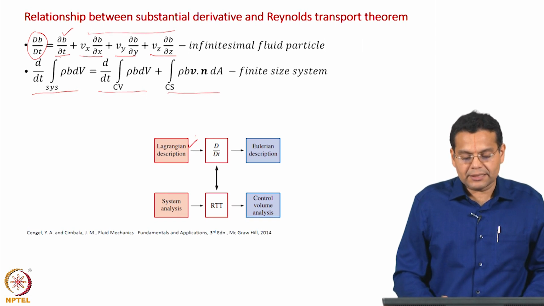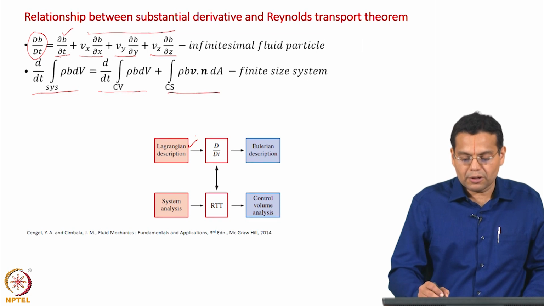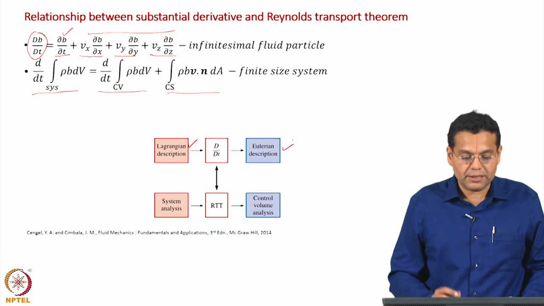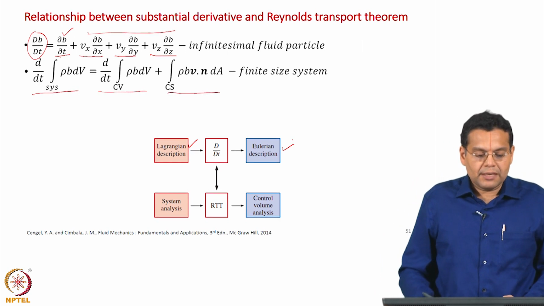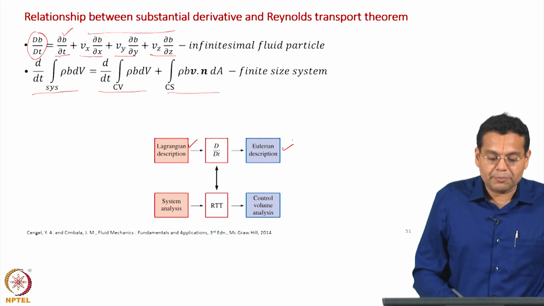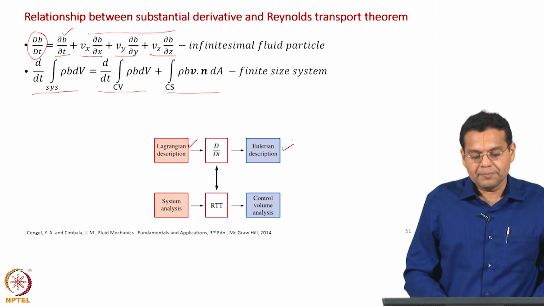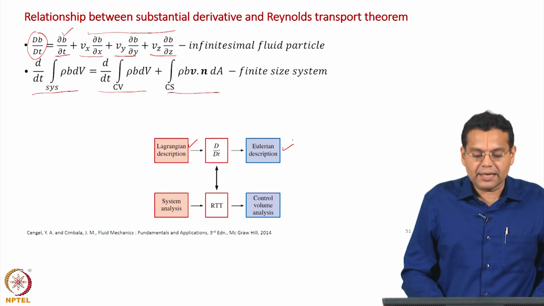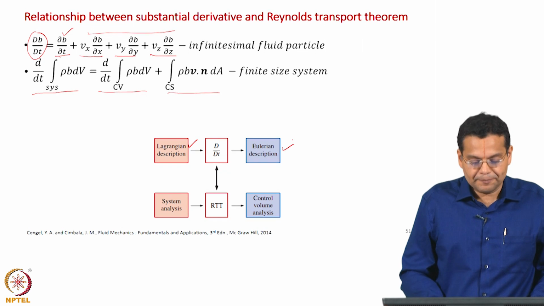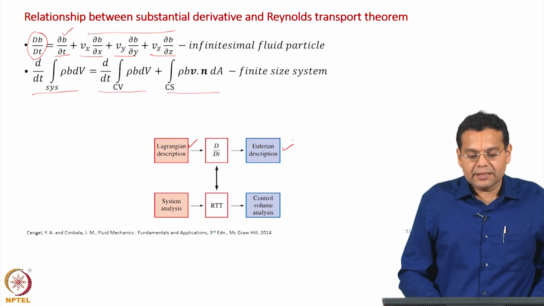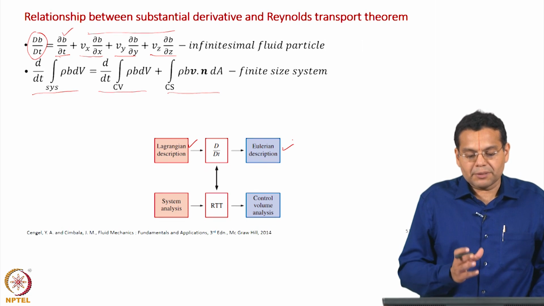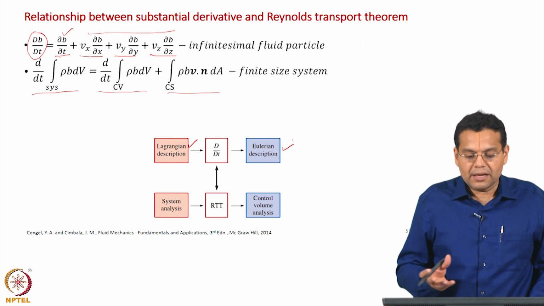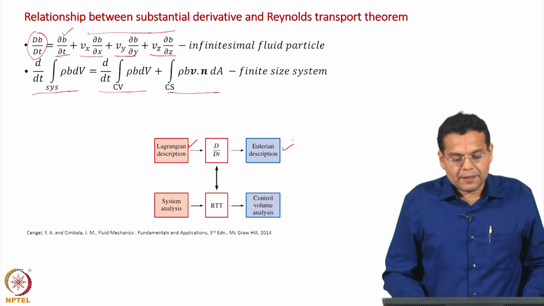D by dt relates Lagrangian description to Eulerian description. Now, let us look at the significance of the Reynolds transport theorem. The left hand side is rate of change of property for a system, which is once again a Lagrangian description or Lagrangian concept, and on the right hand side the two terms correspond to the Eulerian description, because they are for a control volume and the corresponding control surface.